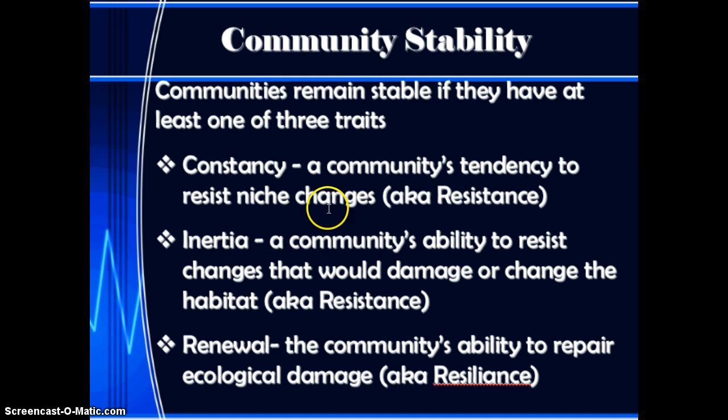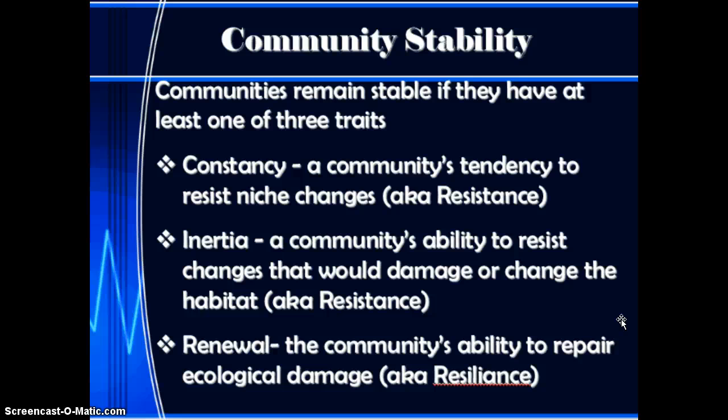So here, instead of changes to the niche of the organisms, it's changes from things that could damage the habitat itself. So something like people coming in and doing something in a forest, something like that would be inertia. And then renewal is not resisting change, but once something has actually changed, how much it can bounce back from that.